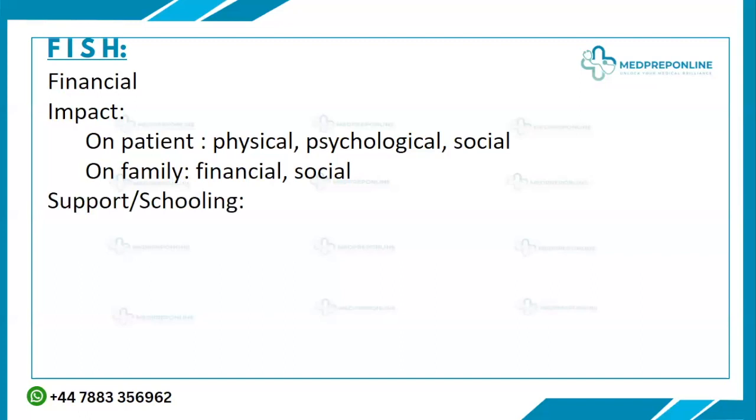So S is for both support and schooling. In the support, if it is a chronic illness, you ask about any financial support, any allowances she's getting, any asthma allowance or any other allowance for her illness. The social support includes social welfare and respite care.